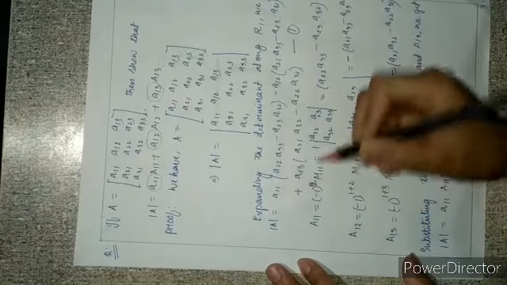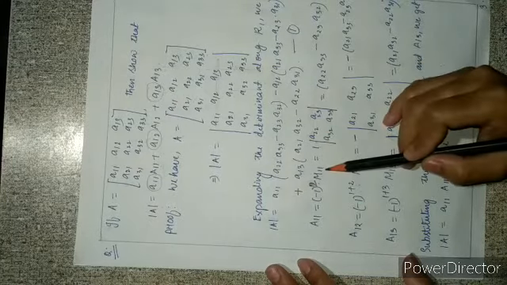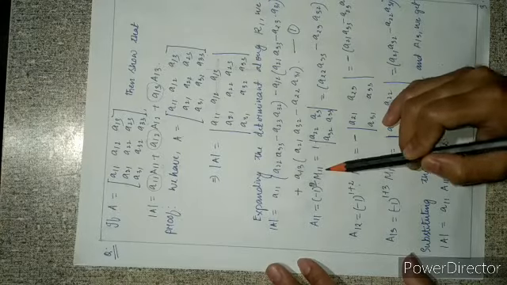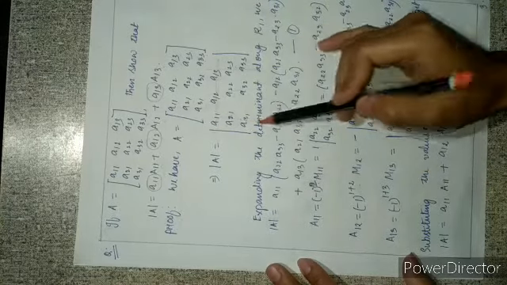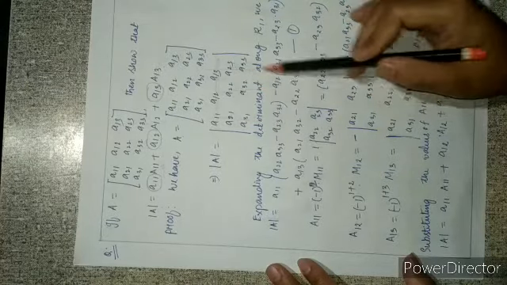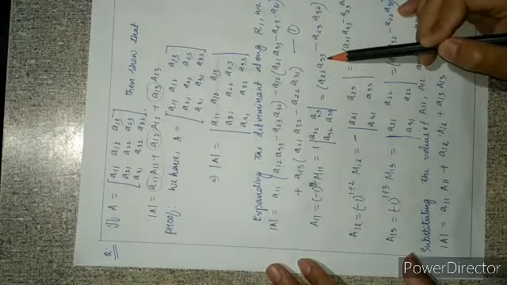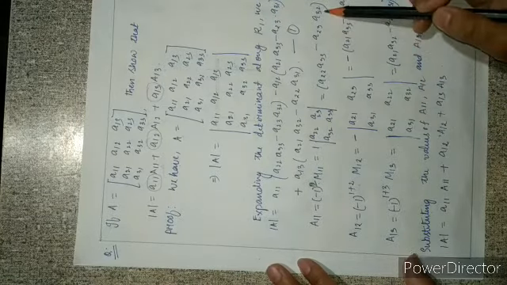Then write the determinant obtained by deleting first row and first column: a22, a23, a32 and a33. By expanding we get a22 a33 minus a23 a32.